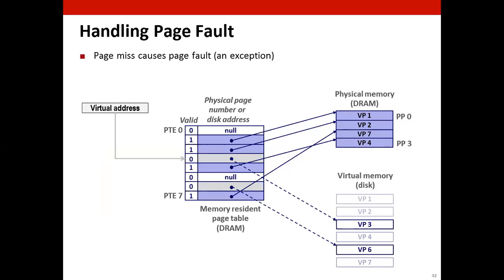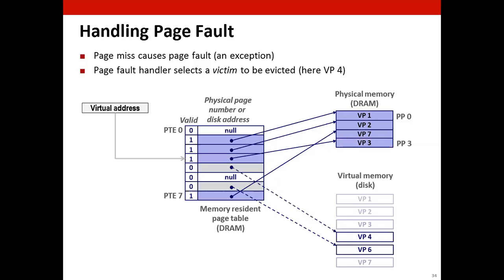The first thing that the operating system has to do is select a victim page to evict. In this case, it happens to be virtual page number 4. It is going to be removed from the physical memory. And how does the operating system remove it? Well, it doesn't really remove it. It just changes the page table entry to no longer point to virtual page VP4.